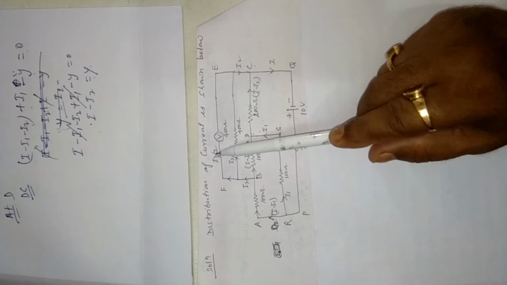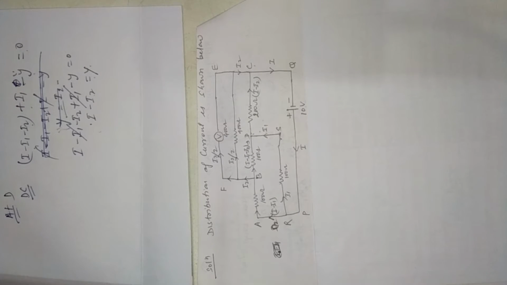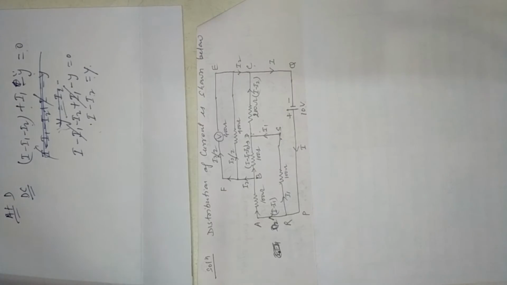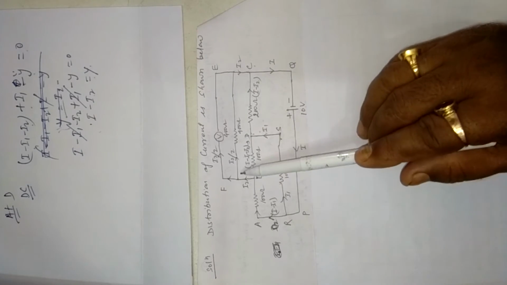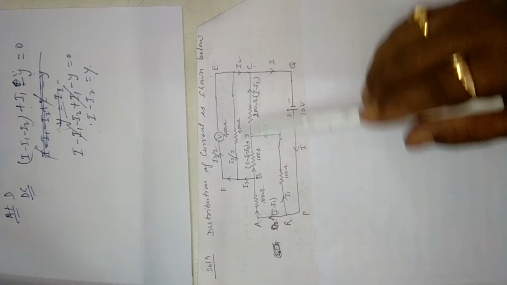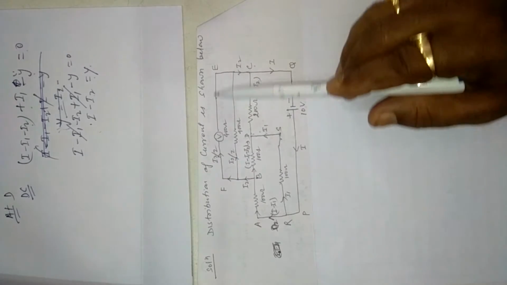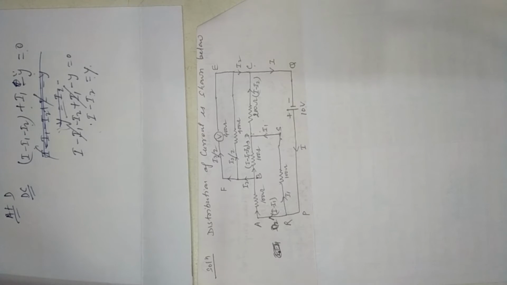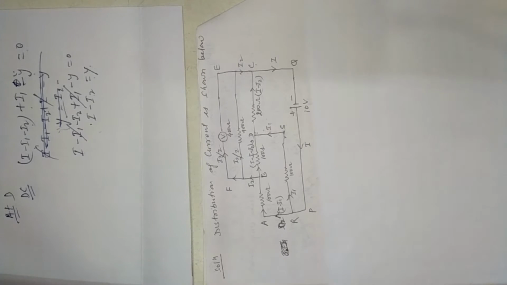In both arms the same resistors are connected, so I2 will get divided into two equal parts. I2 by 2 will pass through this arm, and I2 by 2 will pass through the voltmeter. This is all about the distribution of current in the different branches. Now come to the solution.